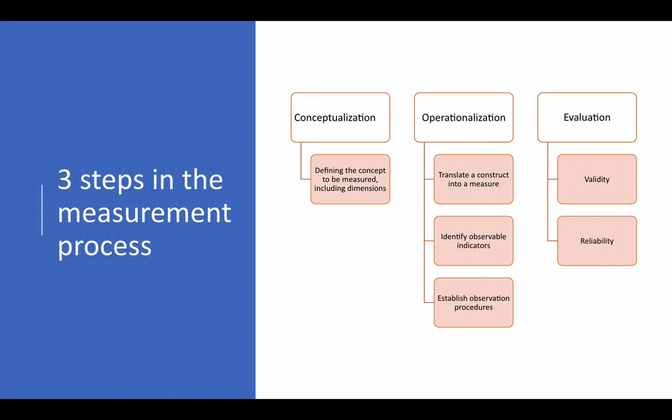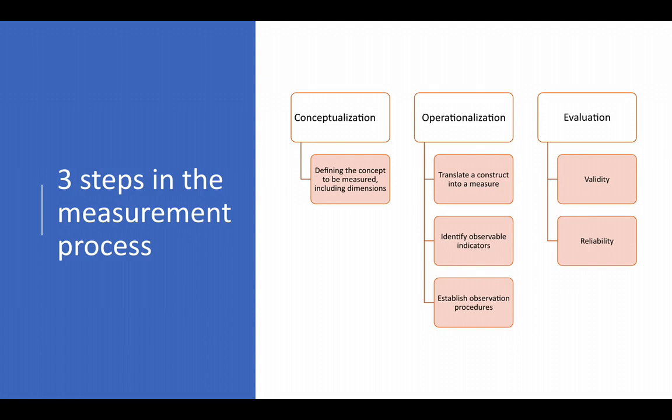Now, afterwards, you need to operationalize it, which means you are going to translate a construct into a measure. Right? The construct is the concept or one of the dimensions or all the dimensions. Then you need to really translate it into a measure, identify those observable indicators.